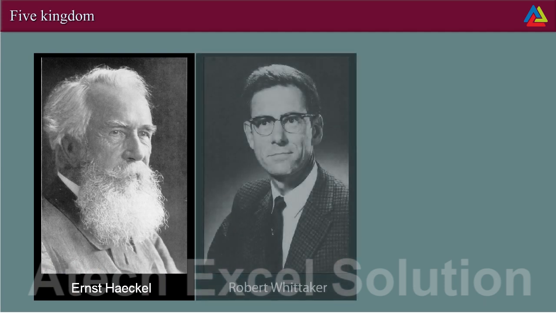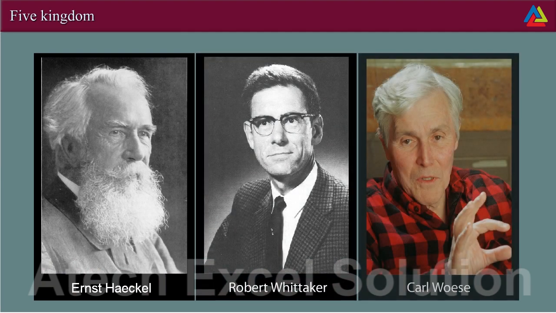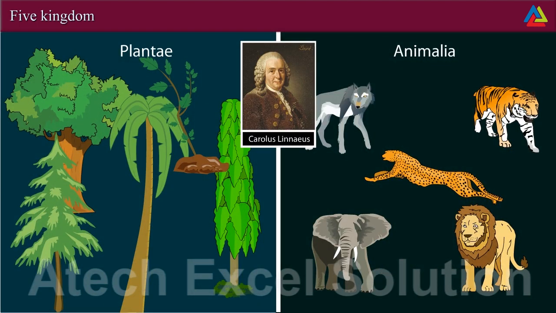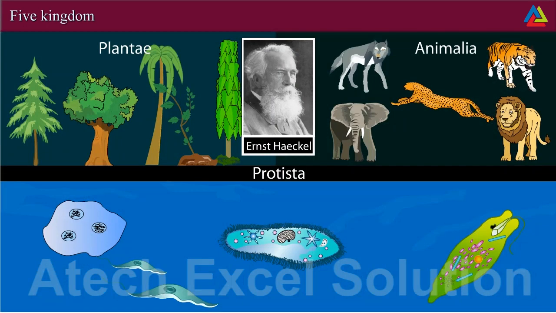Biologists such as Ernst Haeckel, Robert Whittaker, and Carl Woese have tried to classify all living organisms into broad categories called kingdoms. Carolus Linnaeus classified organisms into Plantae and Animalia.